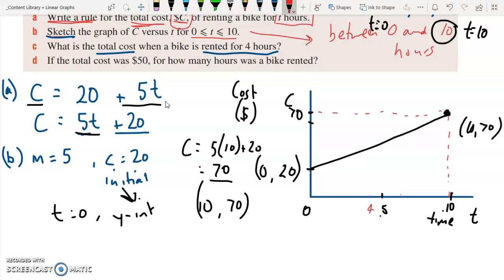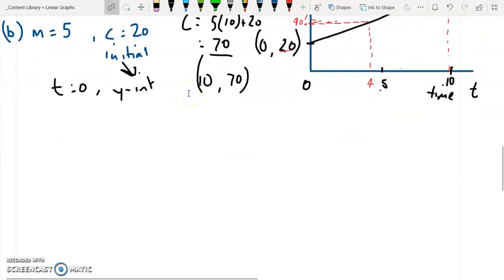So when t equals 4, using a straight line, we trace it back to this point here, and maybe it's around about 40, maybe a bit less. But what we're going to do is use algebra to solve this problem, so it's a lot more accurate. Sketching is good for reference, but algebra is going to give us the exact amount.